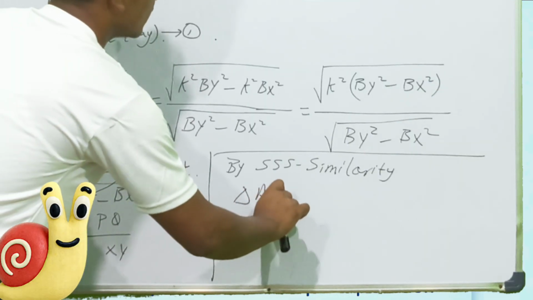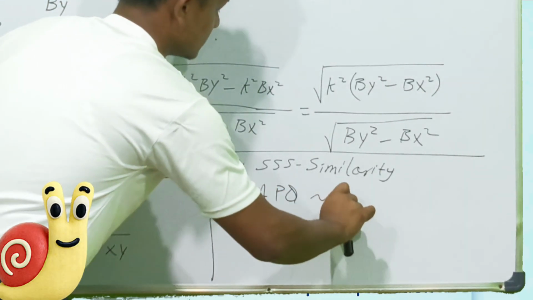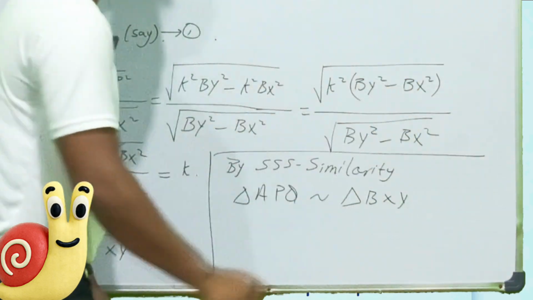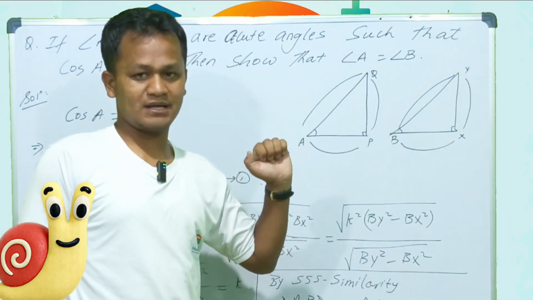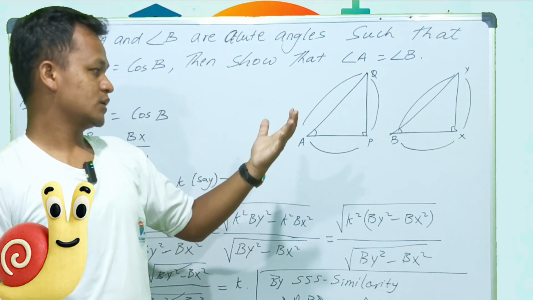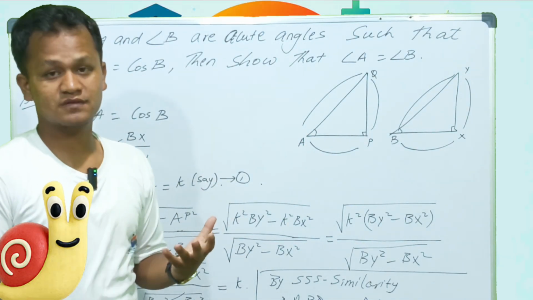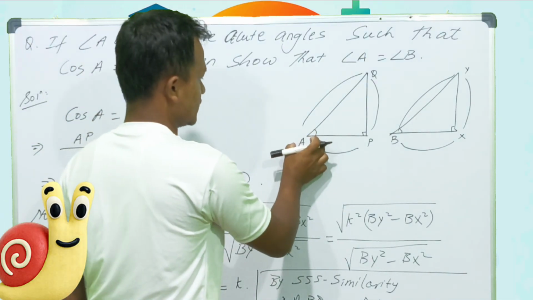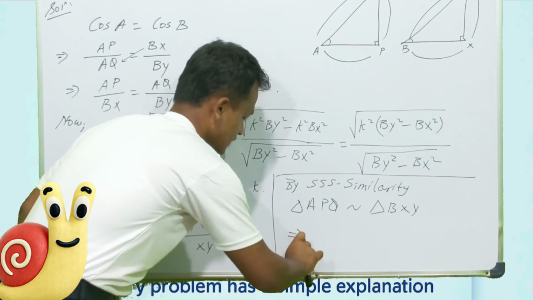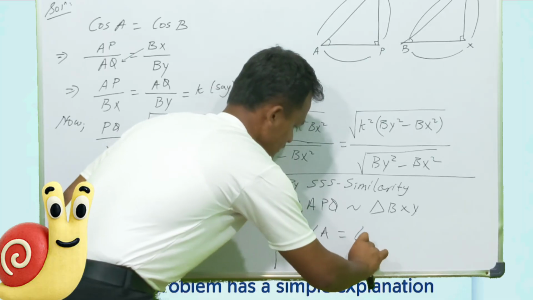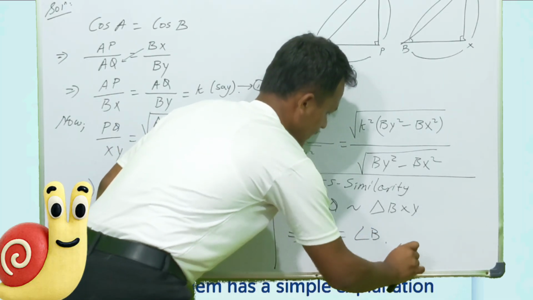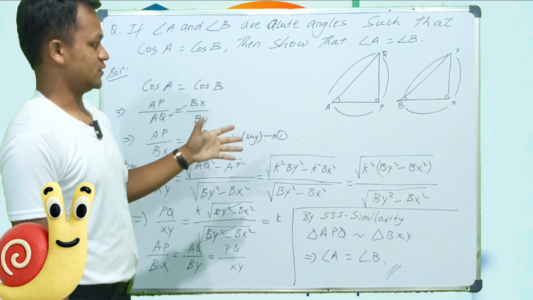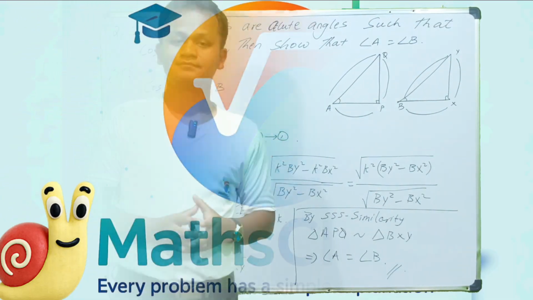Triangle APQ is similar to triangle BXY. And since these two right angle triangles are similar, then we can conclude by the definition of similarity that the corresponding angles must be equal. Then we can conclude that angle A is equal to angle B. Hence, that is how we show that angle A is equal to angle B.